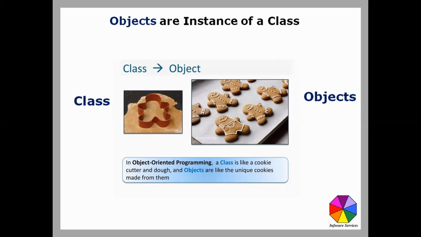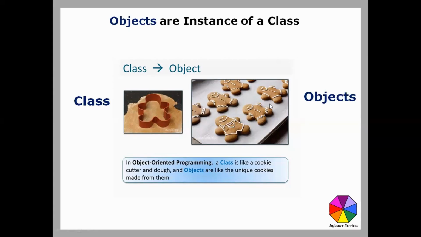Okay, a template, for example, in object-oriented programming is like in this picture, there's a cookie cutter. The template of that cookie cutter has the profile of the cookie cutter, which is used to create several cookies.